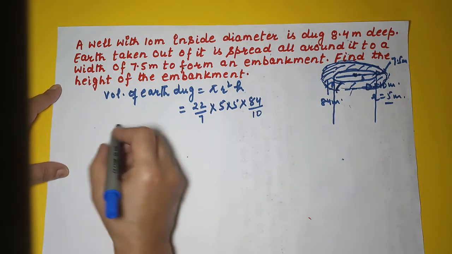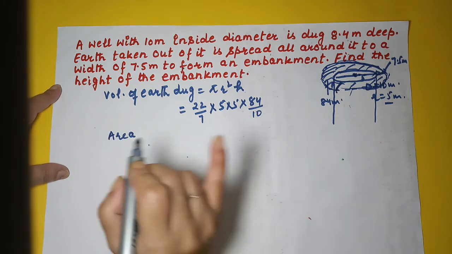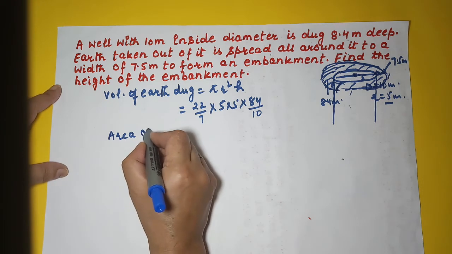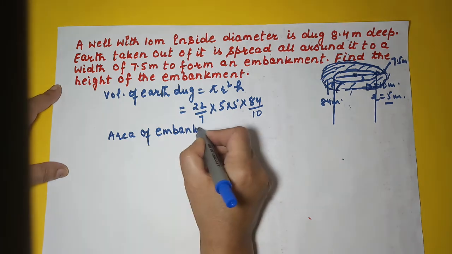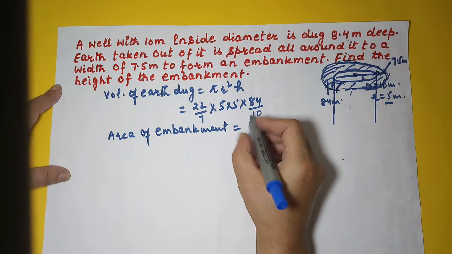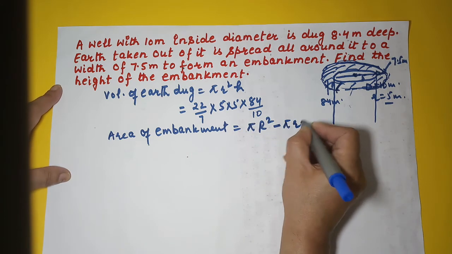Now we will find the area of the embankment. Or directly we can find the volume of the embankment. First let's find the area of the embankment. That will be the area of the external circle, pi R square minus pi r square.